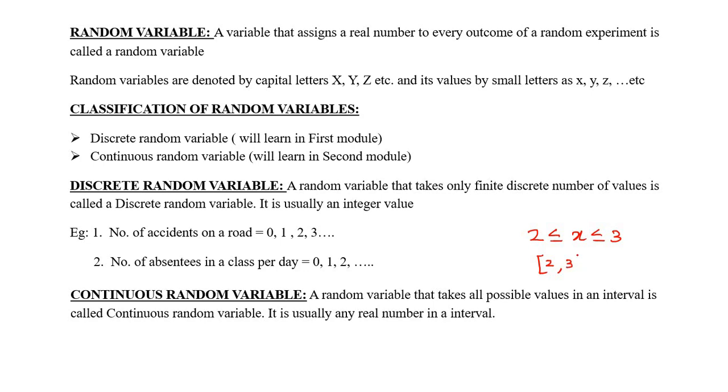So any value within this interval will come under continuous random variable. Okay, I hope you have understood. Here the values are all continuous. That is the reason it is called a continuous random variable. It is usually a real number in an interval. Example, height, weight, temperature, etc.